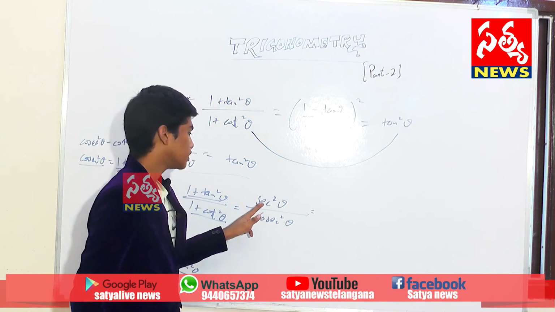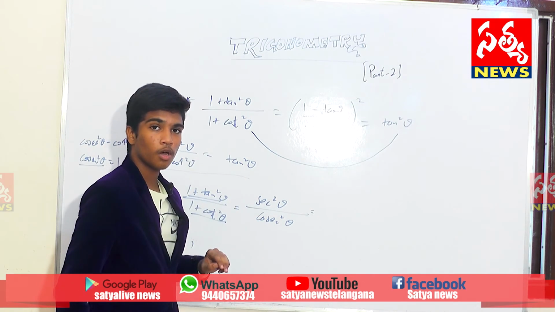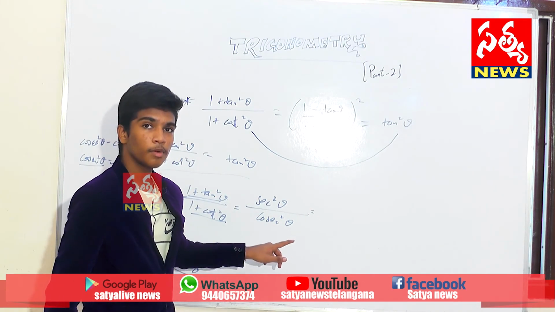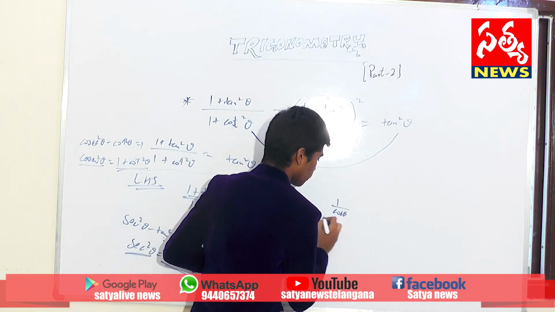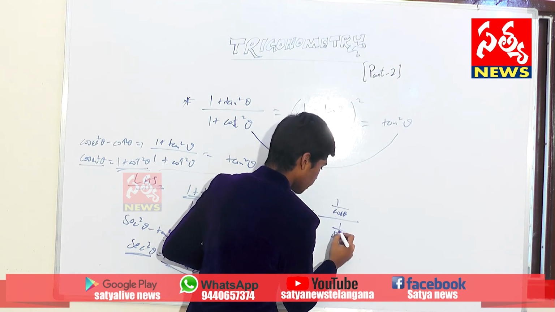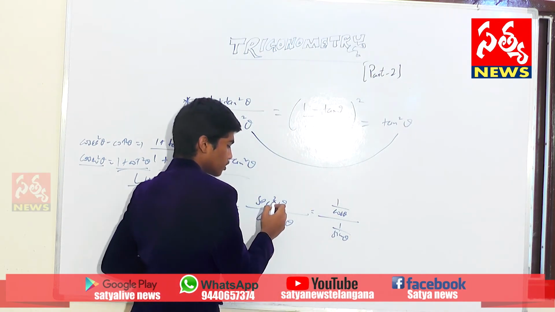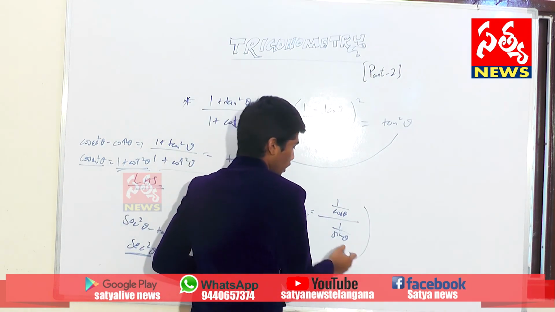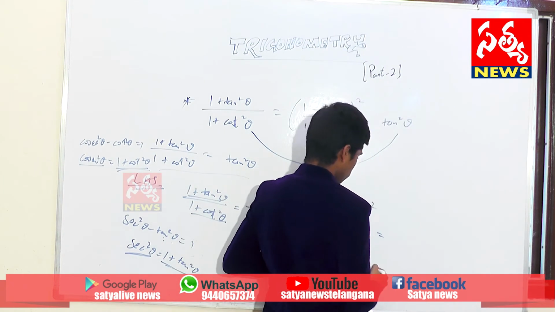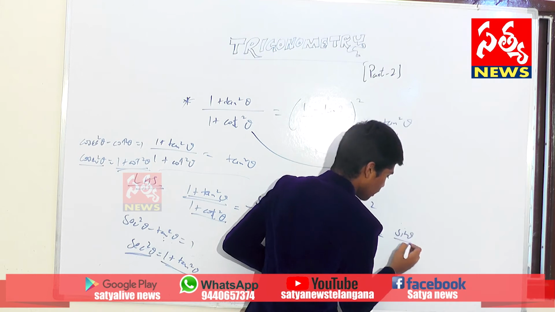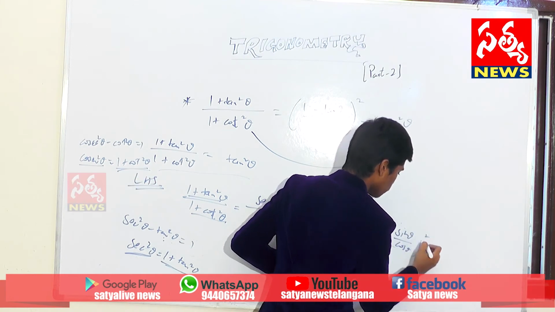Now, secant theta is nothing but 1 by cos, and cosecant is nothing but 1 by sin. Secant is 1 by cos theta, by 1 by sin theta. As there is square in numerator and denominator, I can write it whole square. So now we get (sin theta by cos theta) whole square.